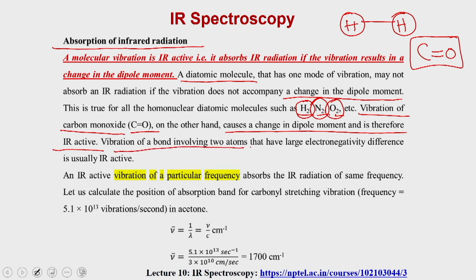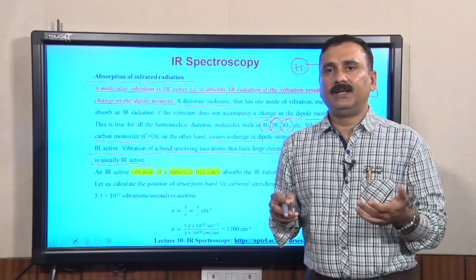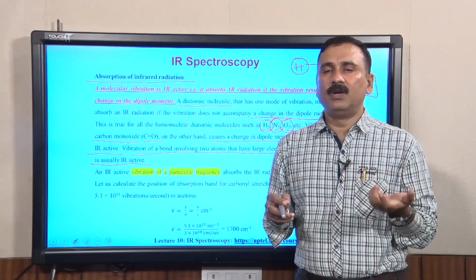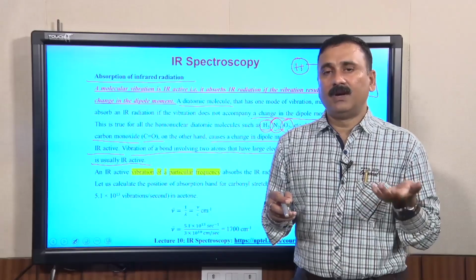The vibration of a bond involving two atoms that have a large electronegativity difference is usually IR active. So, looking at the molecule, you can say whether that particular molecule is going to be IR active or not. What is the condition?